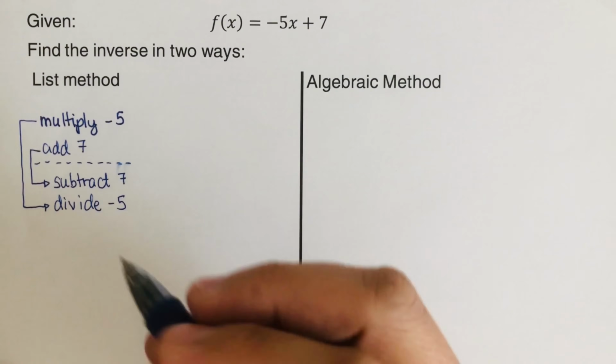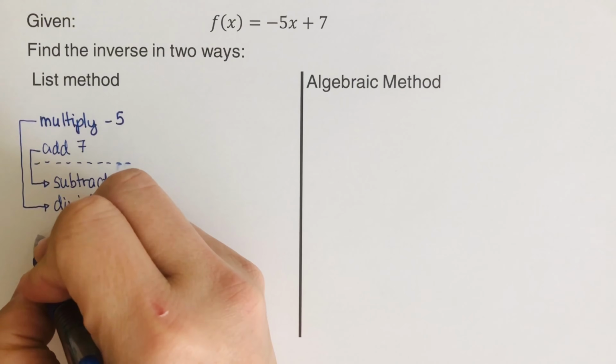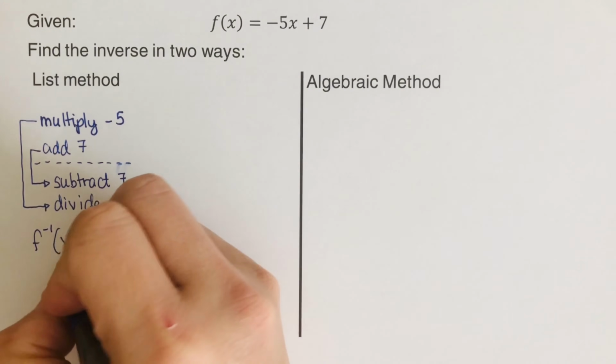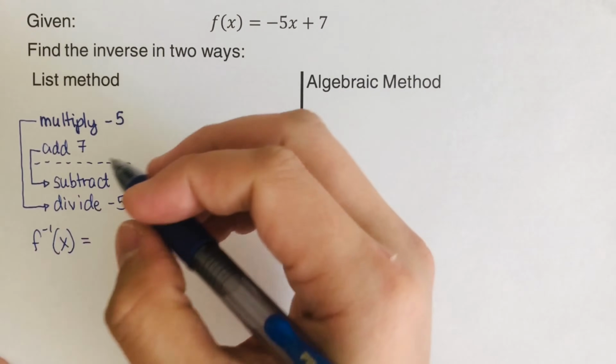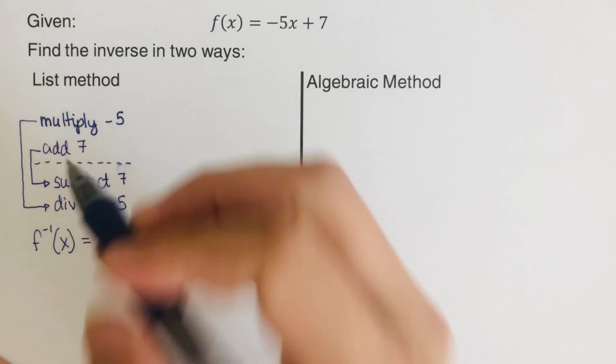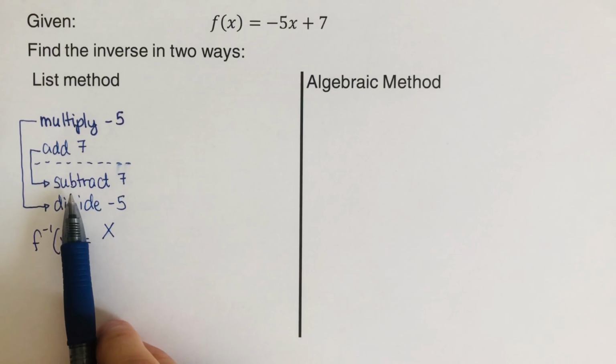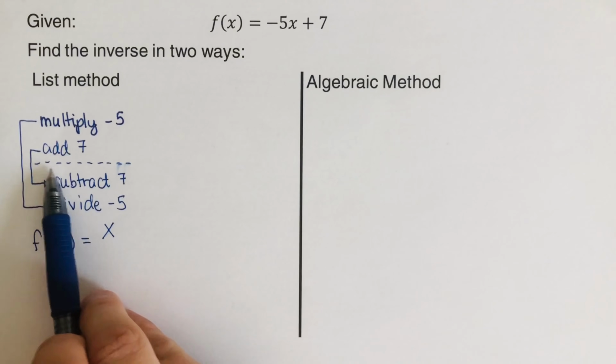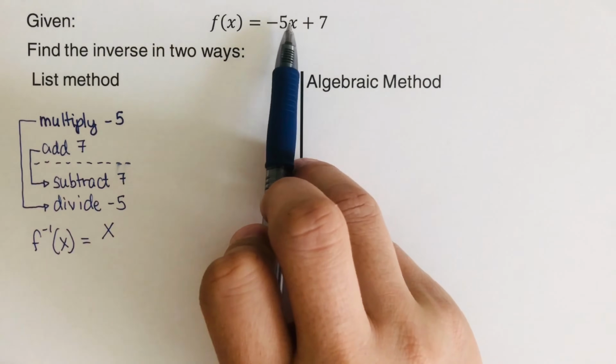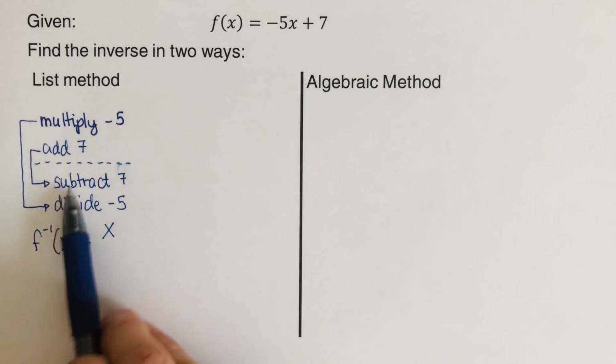Then I can write the inverse as f^-1(x) is equal to, I write x first. Next, the operation I do, this was the original operation for the original function. Now, this is the operation I need to use in order to get the inverse.